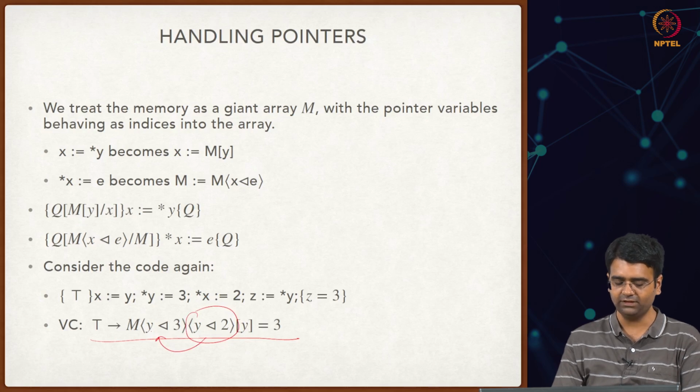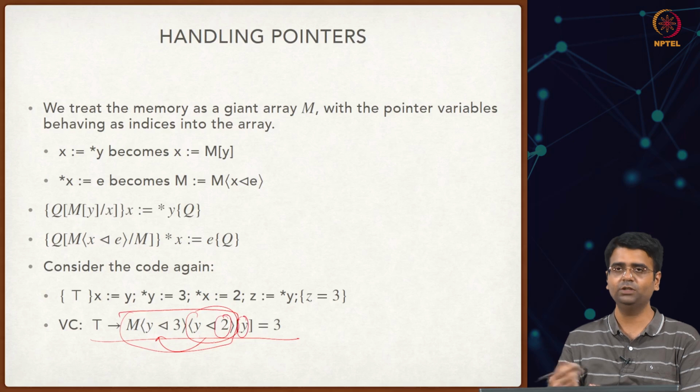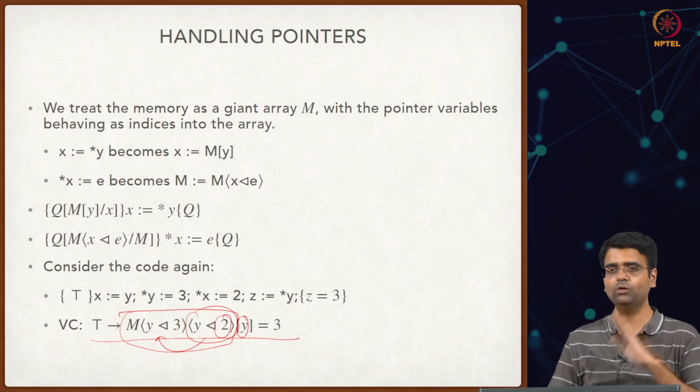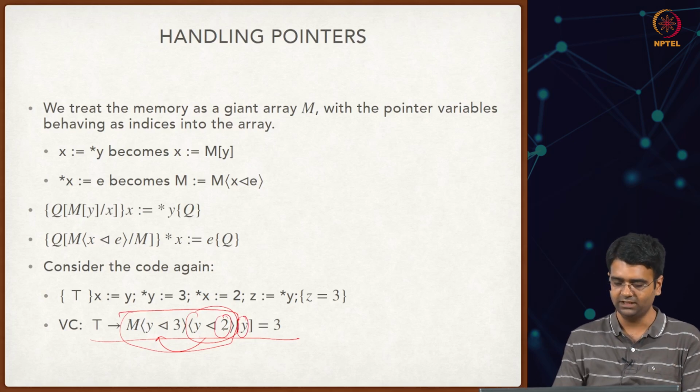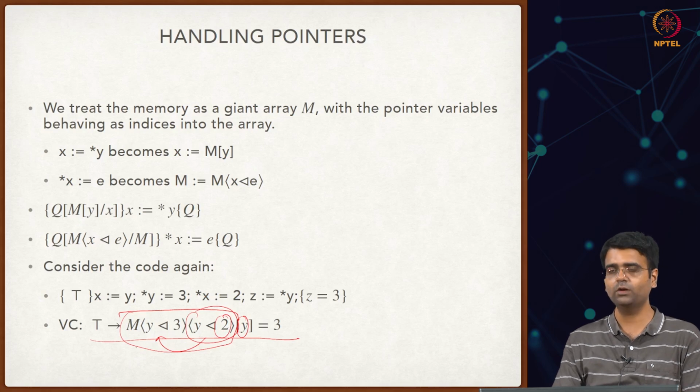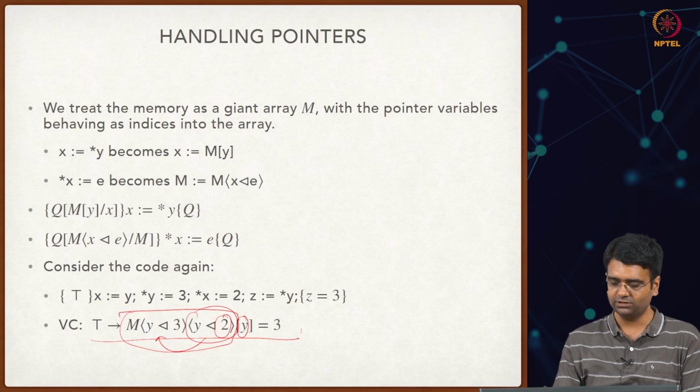We are first modifying the value at index y to 3 and then modifying the value at the same index y to 2, which means that if you then read the value at index y in this array, it is going to be 2, not 3. This was according to the read overwrite axioms that we had seen, because the latest write is going to overwrite the previous write to the same index y. Therefore this is not valid modulo the theory of arrays.